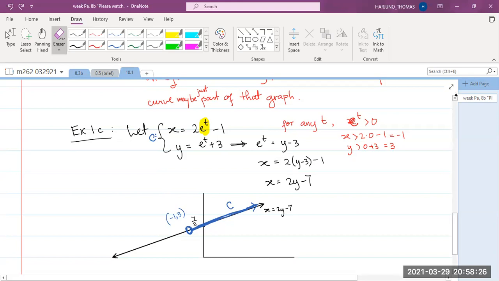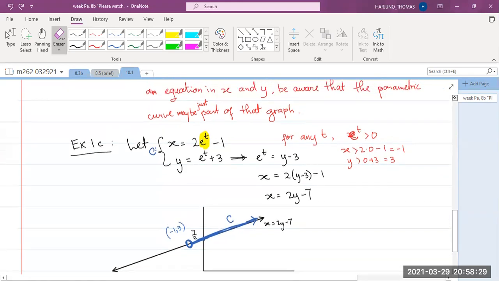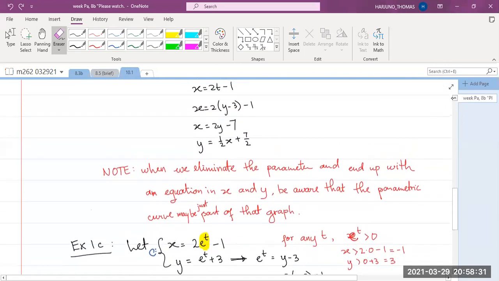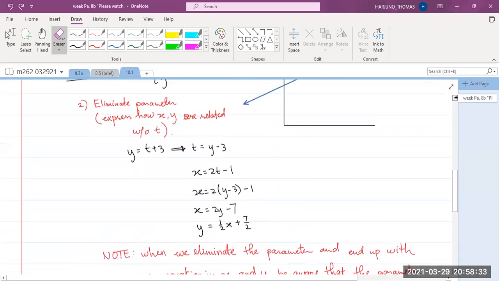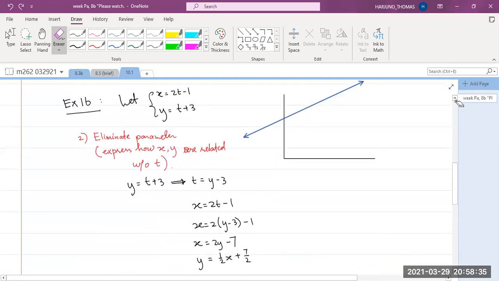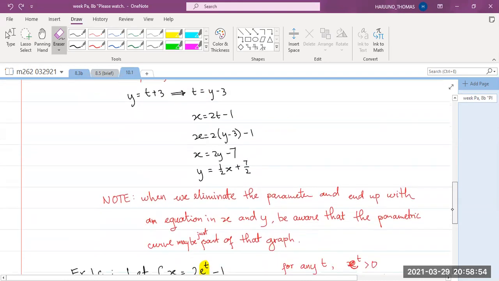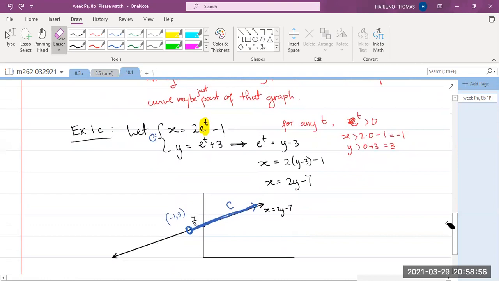And from this example B and C, you notice that we may end up with the same equation in X and Y, but the graphs are not the same. They're similar, but they are not the same. Like you see that 1B gives us the whole line, but 1C gives us only a ray.